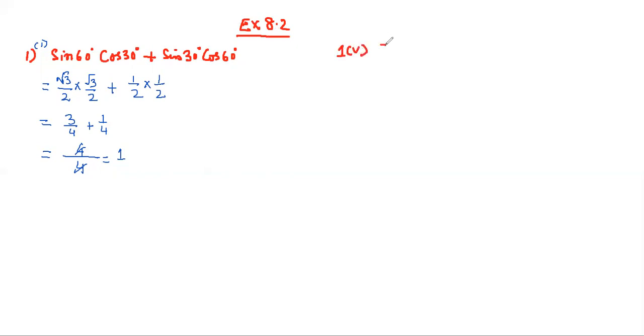So it is 5 cos square 60 degree plus 4 sec square 30 degree, and then minus tan square 45 degree. And the whole is divided by sine square 30 degree plus cos square 30 degree.